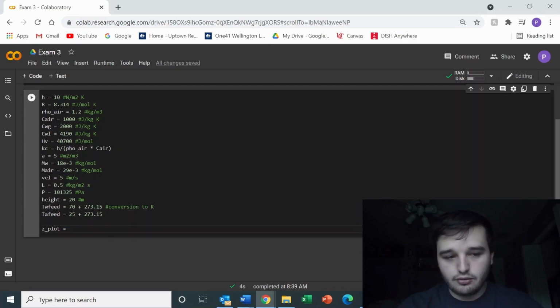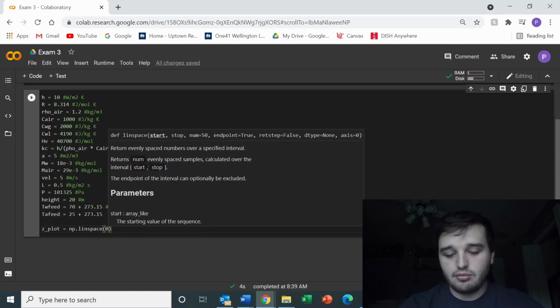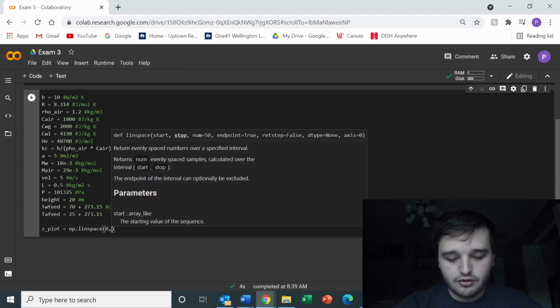So we're going to create a z-plot, and we're going to use linspace as we have in the past to create equally spaced points on this line, so that we can graph at each meter. And to graph at each meter, we know it's 20 meters in height, so we're going to go from 0 to our height.